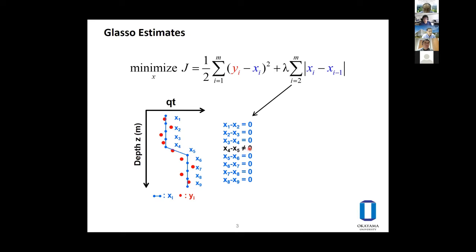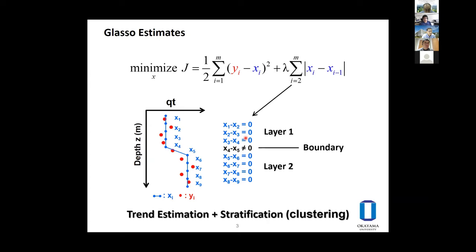So the location of non-zero can be considered as a boundary of the layer in the depth profile, and based on this information, we can discuss the stratification without any other information. So the biggest advantage of using G-lasso is we can achieve trend estimation and stratification simultaneously and consistently.